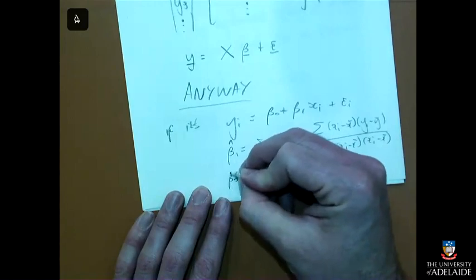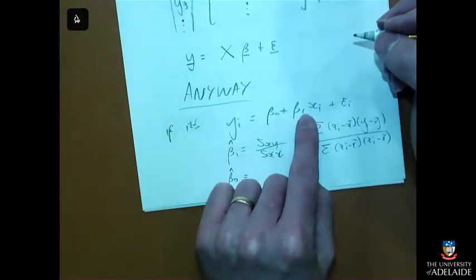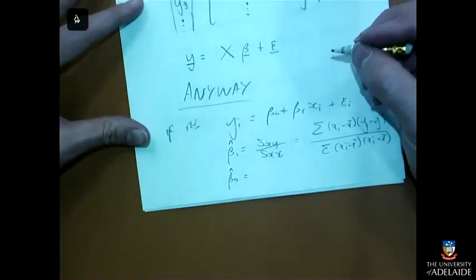And then the beta naught hat is calculated by subbing in beta 1 hat into here and x bar into here. So I get y bar minus beta 1 hat x bar. Yeah. So you have formulas for that in the simplest possible case where there's only one kind of x, but you trust the computer has the formulas in it correctly for the bigger ones.